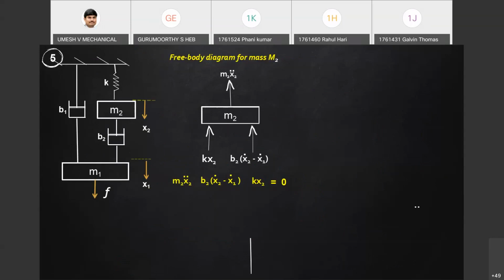I hope you will be able to understand this free body diagram for mass M2. There is a force due to the spring K with displacement X2. The force will be opposite. Then the damping, the dashpot B2. B2 is the damping coefficient because it is between two masses, so it depends on the velocity, not the displacement: B2 (x2 minus x1) dot.